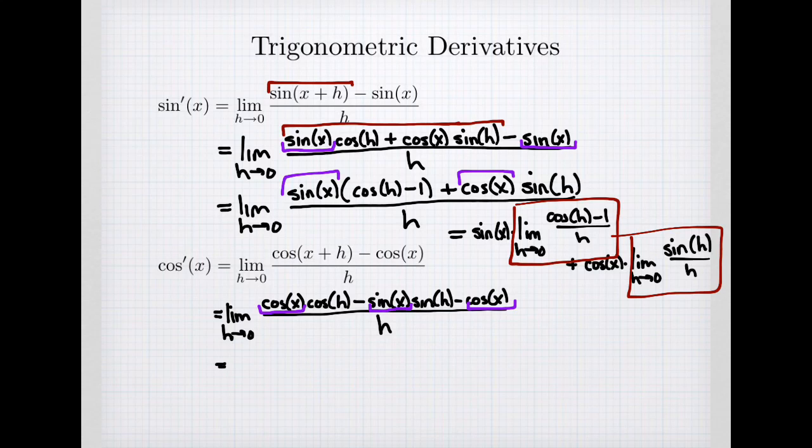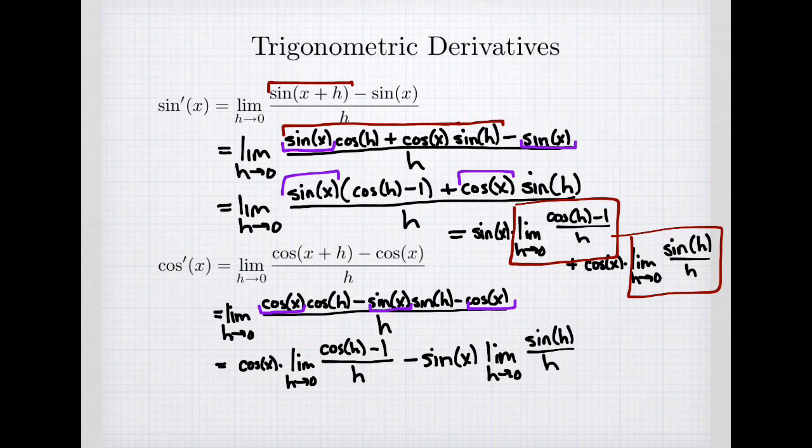So I can write this limit as the cosine of x times the limit as h goes to 0 of cosine of h minus 1, which is really coming from my second cosine of x, all over h. And then I get minus, because of the cosine sum identity, minus sine of x, limit as h goes to 0 of sine of h over h.